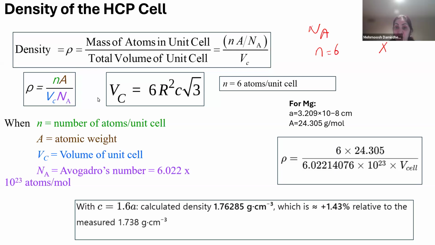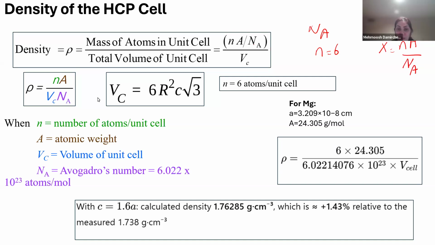The weight of this cell should be N times A divided by Avogadro number. Substitute here. N is 6 for HCP. A, for different material, we have different atomic weight. Avogadro number is fixed, 6.022 times 10 to the 23 atoms per mole.